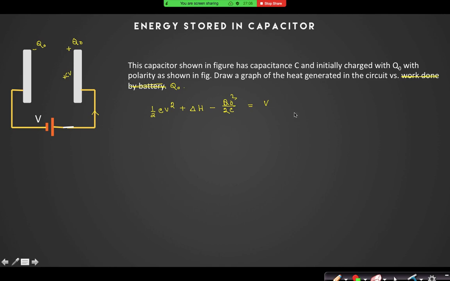Can I say it is V multiplied by (CV minus Q naught)? So you can see that Q naught square by 2C minus Q naught into V plus CV square minus half CV square, that means plus half CV square, is equal to delta H.